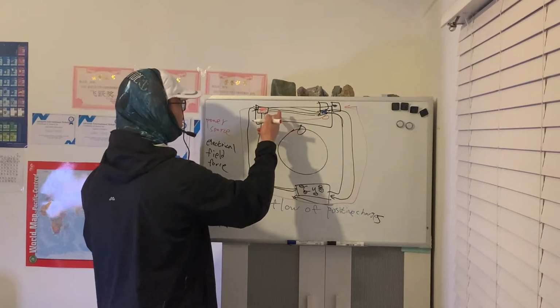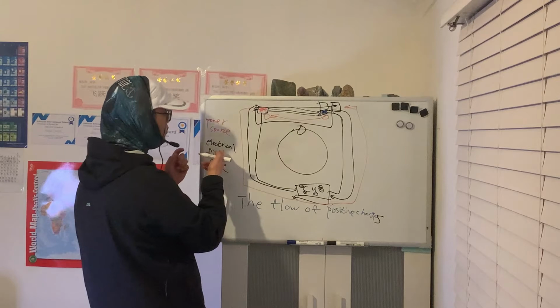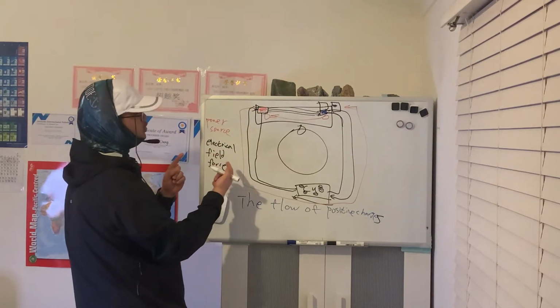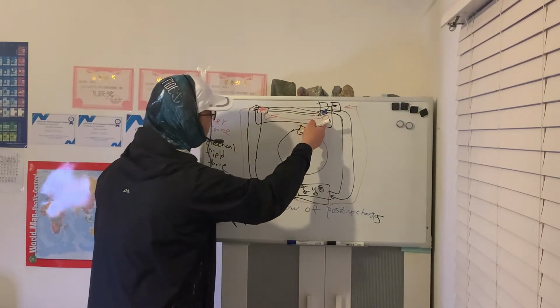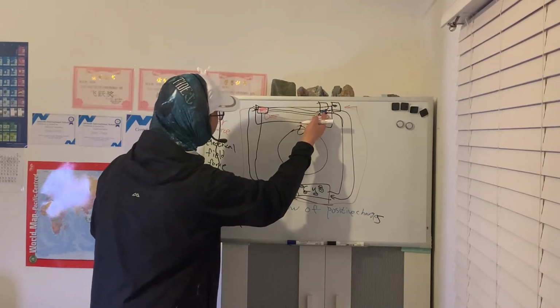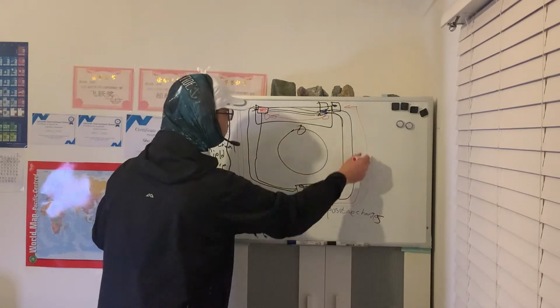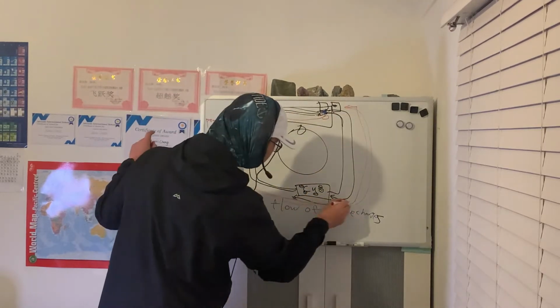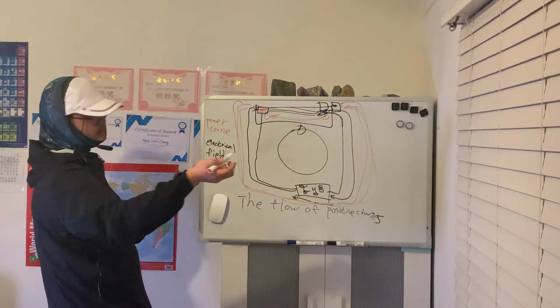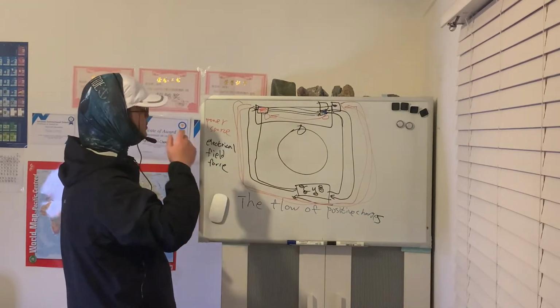The power source counters the electrical field force in order to attract these positive charges at the negative end back to the positive end, and do the same thing again, looping. Yeah, and you got it. That is basically what electricity is.